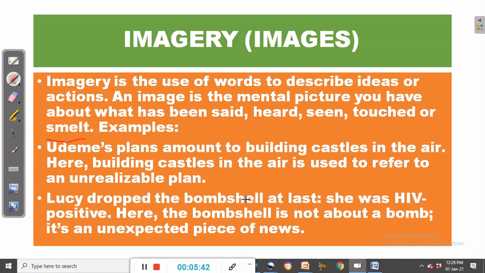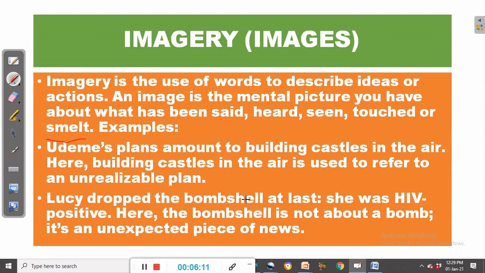You know, when someone is building castles in the air, then what kind of image does it create in your mind? It's the image of someone attempting to do the impossible, the undoable, because you need to build castles on land, not in the air, right?